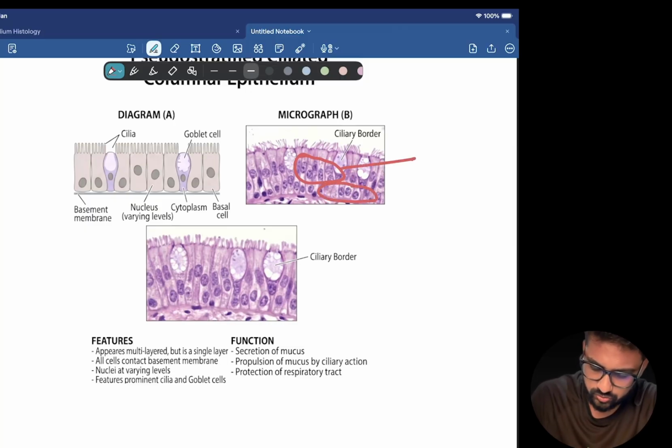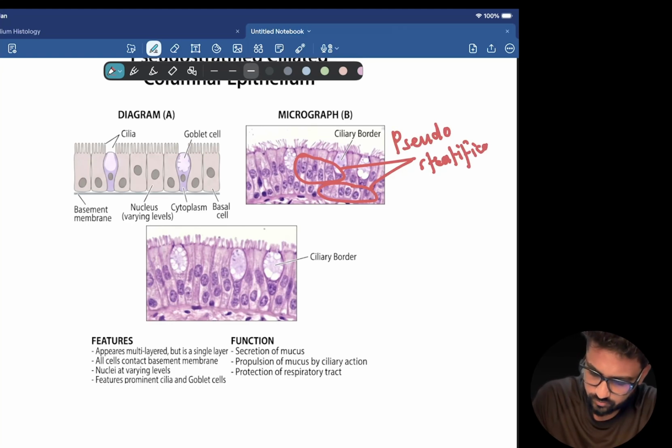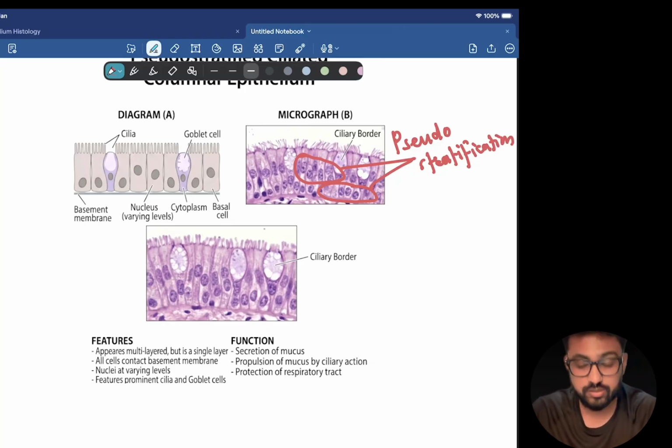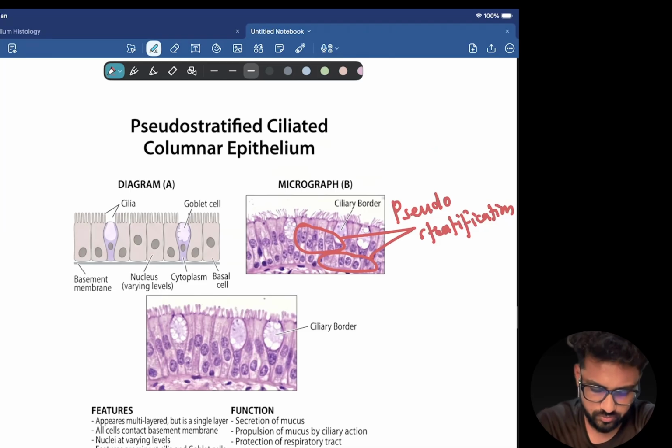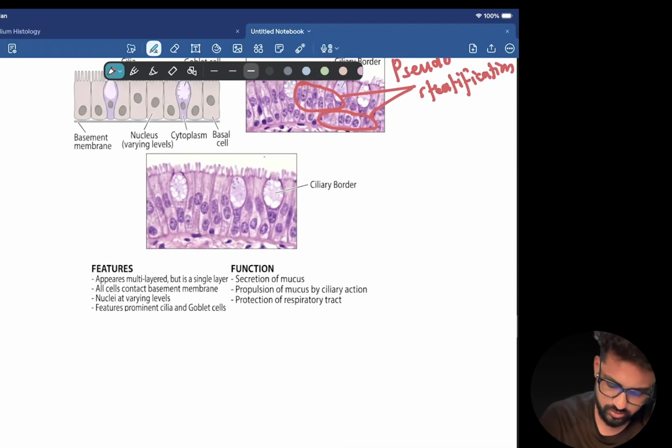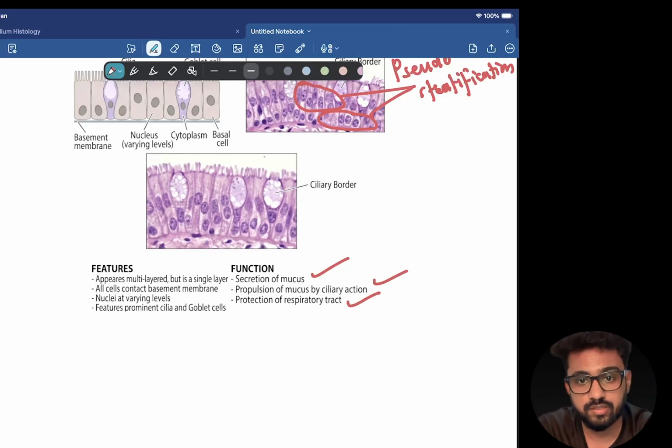So it gives the appearance of pseudo stratification. So that's why it is called pseudostratified columnar epithelium, and the function is secretion of mucus, propulsion of mucus by ciliary action, and the protection of the respiratory tract.